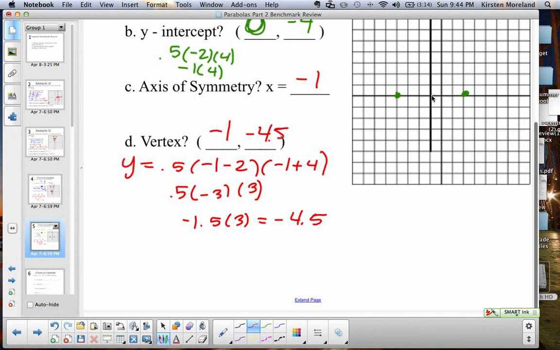So my vertex is at -1, -4.5. So there's a nice picture of what my U is going to look like. And remember the y-intercept was at -4, which is right there. And there should be a matching point on the other side right there.